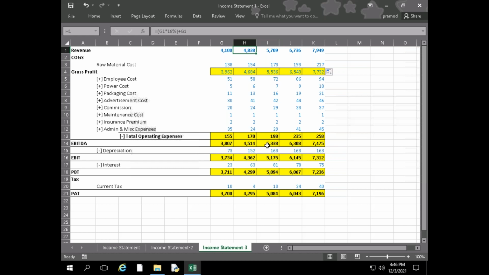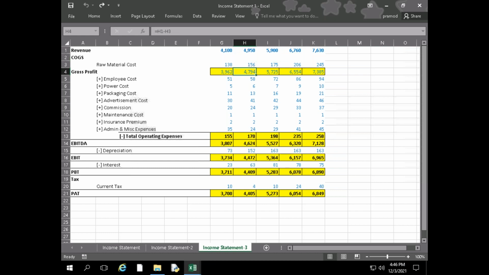So if the amount is already given, then you cross verify the formula, if any. So this is 4,950, 5,900, 6,760, 7,630.